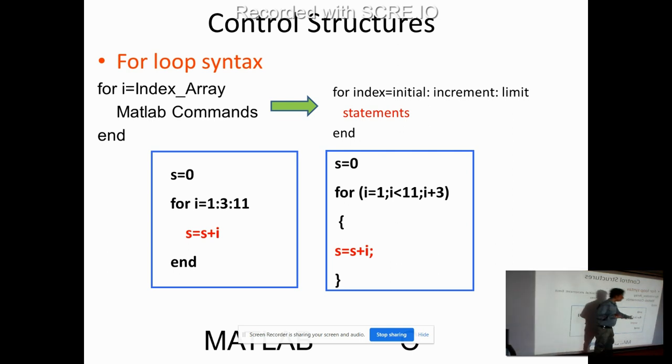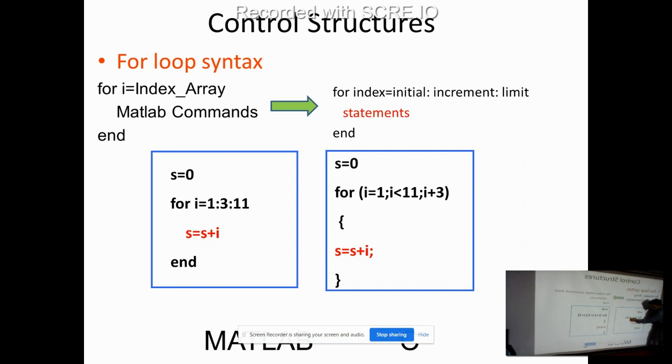Now come back here. I equal to 1 colon 3 colon 11. Already I told you the importance of colon. What is I equal to 1 colon 3 colon 11? I told you, if only one colon is used, that means incrementing by 1 by default.